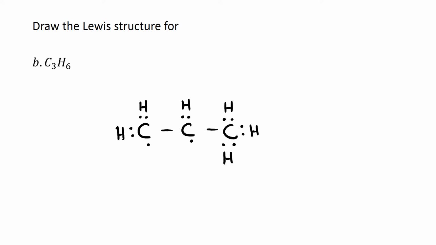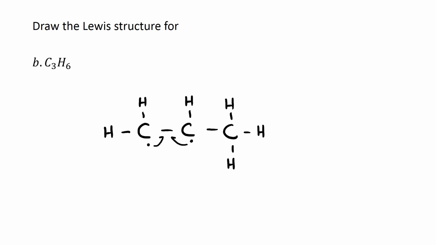If I do that and replace the paired dots with lines, now I'm left with unpaired electrons on 1 carbon on the end and 1 carbon in the middle. So those 2 electrons can come together again to form a second bond between those 2 carbons. And that would be the Lewis structure for that molecule. That's what it looks like 2-dimensionally. 3-dimensionally, the molecule would look like this.